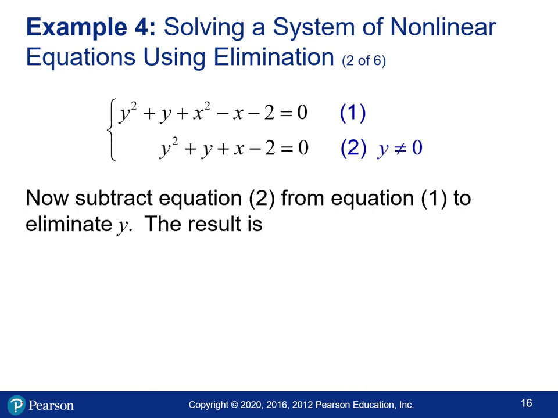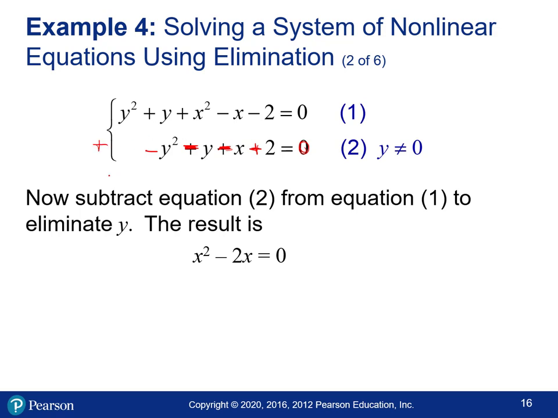Now we can go ahead and use elimination if we just multiply equation 2 by -1. So if you distribute -1 to all your terms, then let's go ahead and do that real quick. So I'm just going to distribute -1 to all the terms, and so that's going to look like -y squared minus y minus x plus 2, and this is still 0.